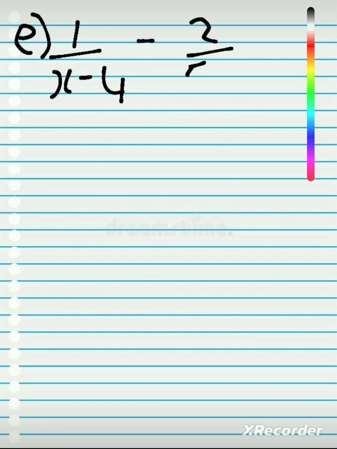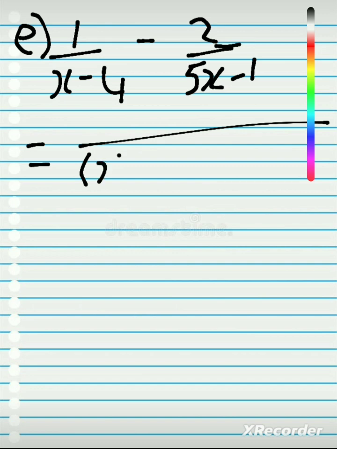We go to question E. So question E says 1 over x minus 4 minus 2 over 5x minus 1. So common denominator, as usual, put them together, x minus 4 and 5x minus 1.